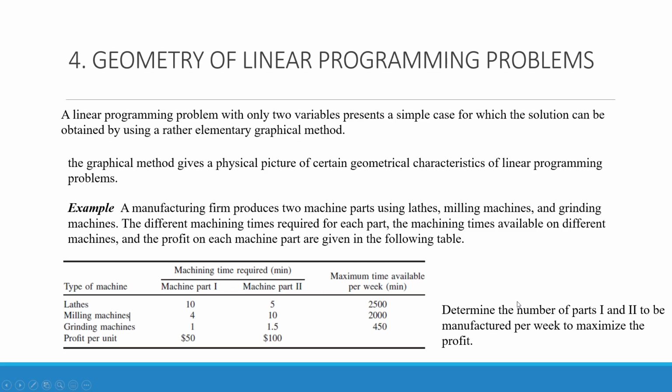The idea is determining the number of parts 1 and 2 to manufacture per week to maximize the profit, that is, how many parts of each we can create in one week to get the maximum profit.